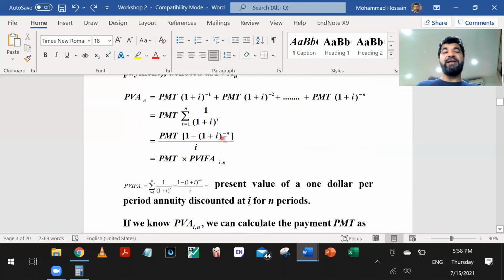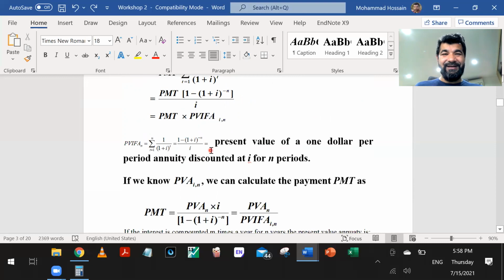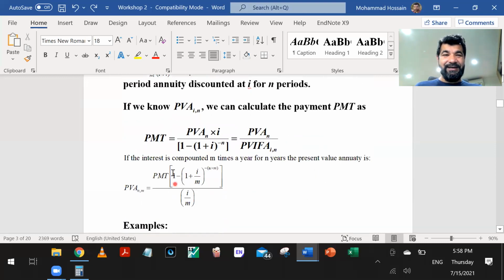The present value annuity is payment into 1 minus something, and the previous one was 1 plus I divided by M minus 1. It is different. I'll take a screenshot here for you guys to look at.